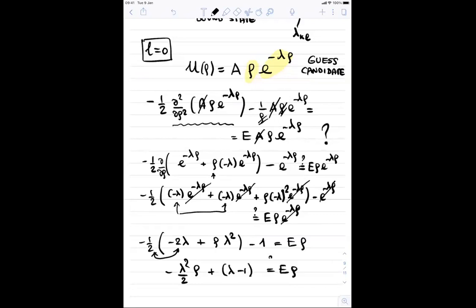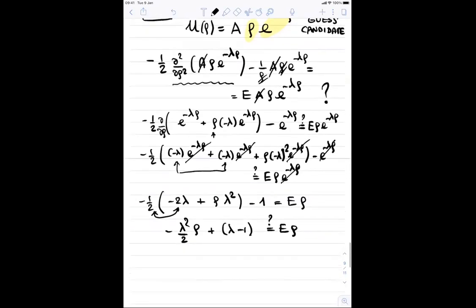Is this an equation that makes sense? It makes sense if I take lambda equal to 1, which means that this object here is equal to 0, because there is no constant term in the right-hand side, and I take E equal to -1/2.